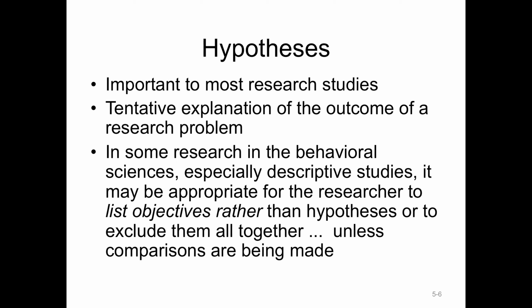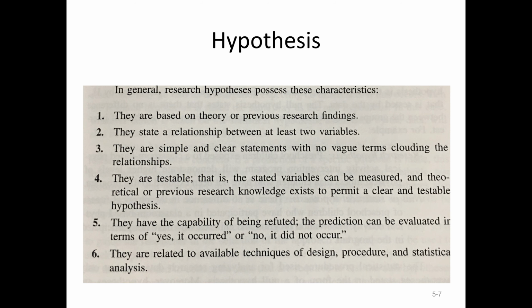In some research, like behavioral sciences and descriptive studies, there may not be a hypothesis. It may be a list of objectives or a purpose statement, and not necessarily a hypothesis. If comparisons are being made, like one group versus another group, then typically there will be a hypothesis.